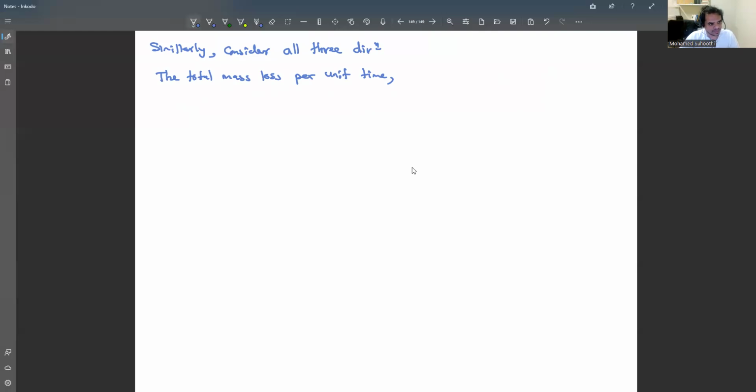The first one we calculated is dou rho v1 over dou x1, dx1 dx2 dx3. The same thing comes for the second direction also.